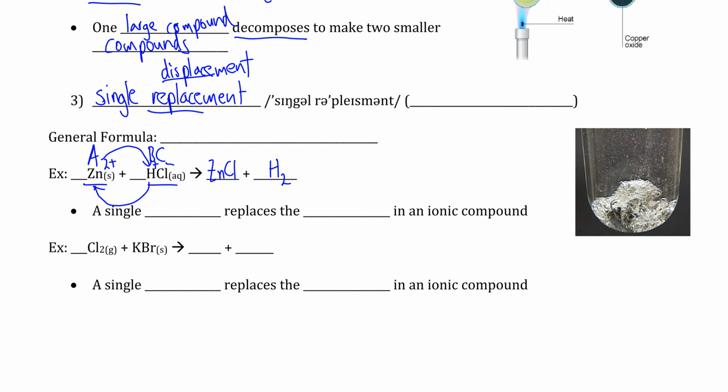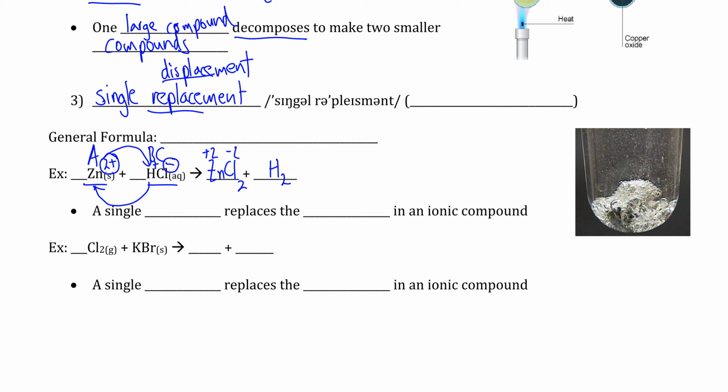Now, to figure out the formula for zinc chloride, remember that zinc has a charge of positive 2 as an ion, and chlorine has a charge of -1. Since we need two chlorines, because -1 times 2 is -2, that would give us a total negative charge of -2. Positive 2 minus 2 is 0, so our charge is balanced.